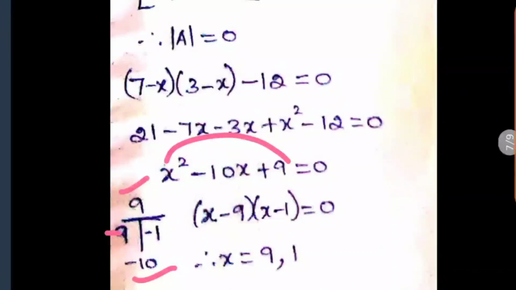So here minus 9 and minus 1. Minus 9 into minus 1 is 9 only. Minus 9 minus 1 is minus 10. So you got the bottom answer also. So you can write directly (x minus 9) into (x minus 1) is equal to 0. Therefore x is equal to 9 and x is equal to 1. So this will be your answer.